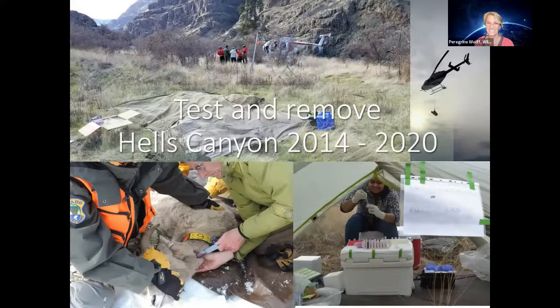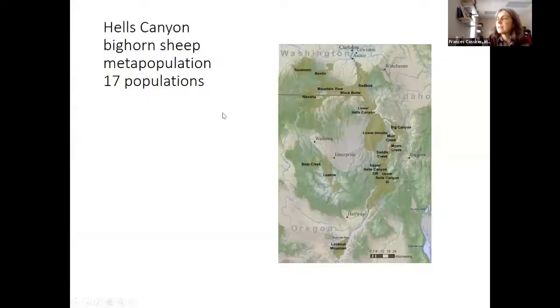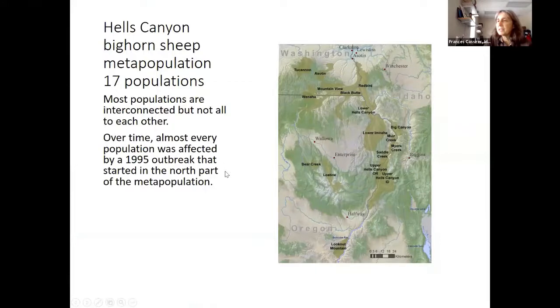Okay, so this talk will be about our experience with continuing on after Asotin. In Hells Canyon, most of the populations are interconnected, as we found by the spread of MOV, but they're not all connected to each other. This is just a little background of the setup.